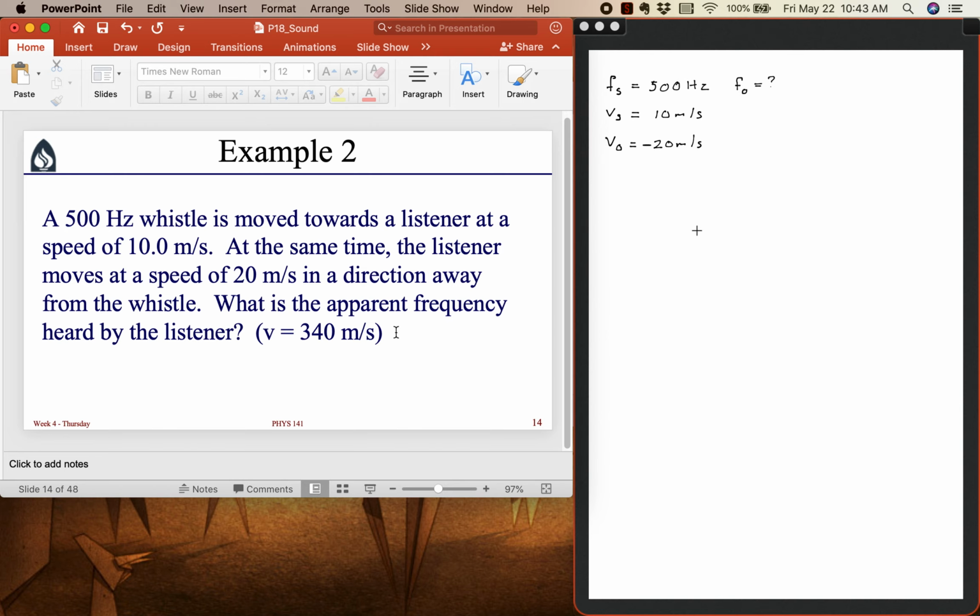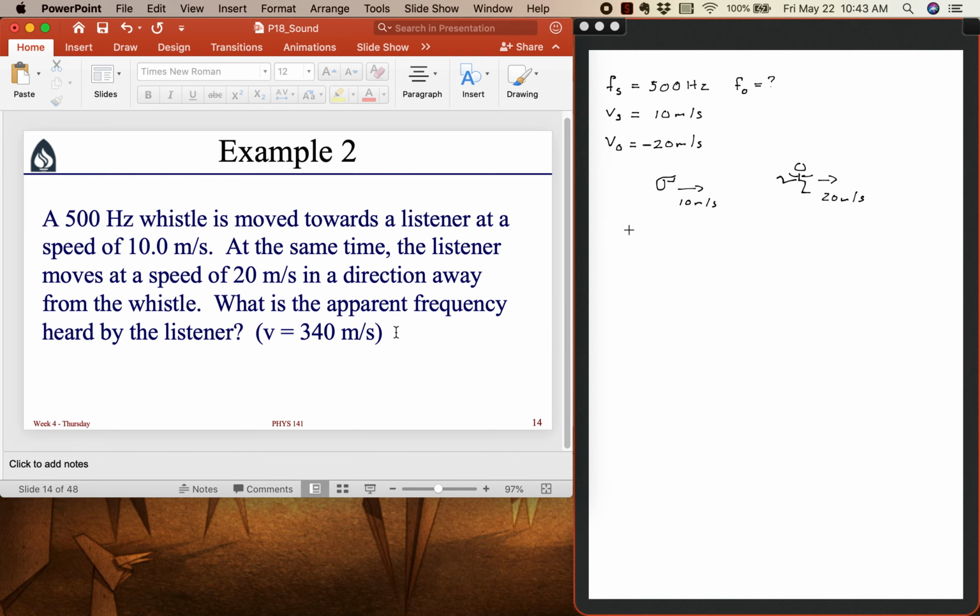If we were to draw a picture of this scenario, we have our whistle, which is the source, traveling at 10 meters per second, and our listener is moving away from the source with a speed of 20 meters per second.